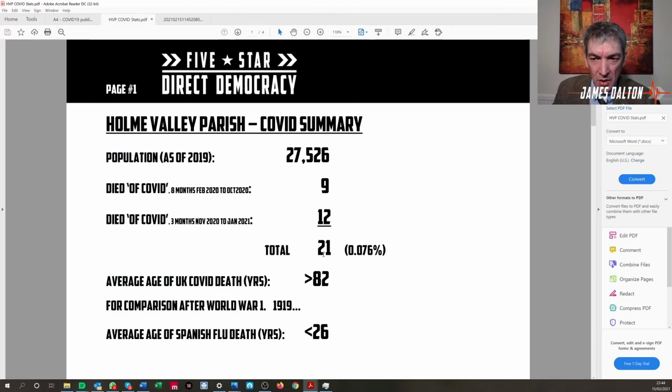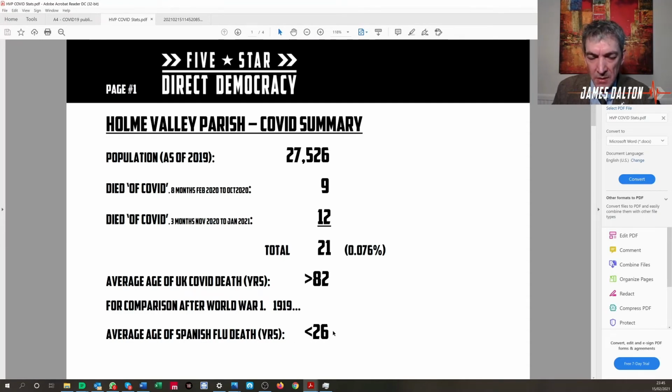I haven't got into the died with or died of COVID. There's a lot of other things that can be read into the numbers, but 99.924% of people haven't died of COVID. Just for comparison, after World War I, the famous quoted pandemic, the Spanish flu in 1919, 1920, the average age of people who died of the Spanish flu back then was 26 years old.